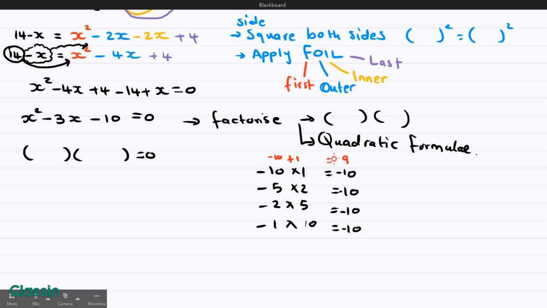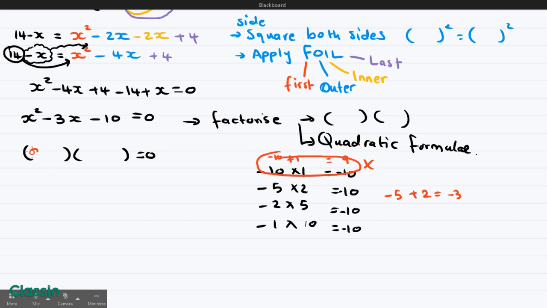So it means that this one is not part of the answer. Now negative 5 plus 2, the answer is negative 3. So our answer must be negative 3.